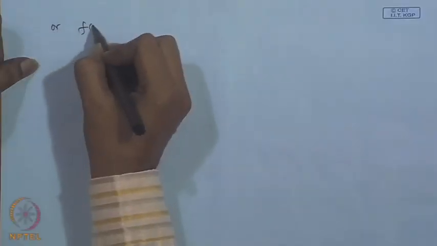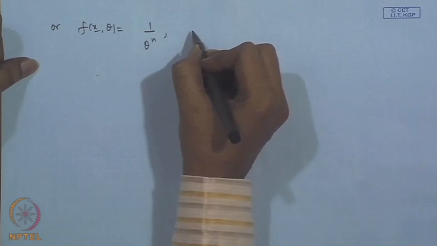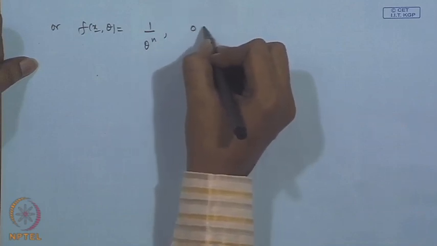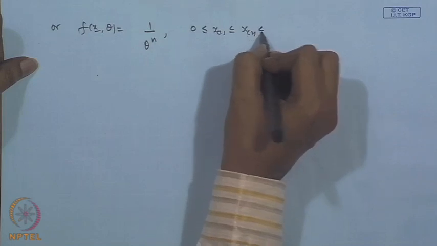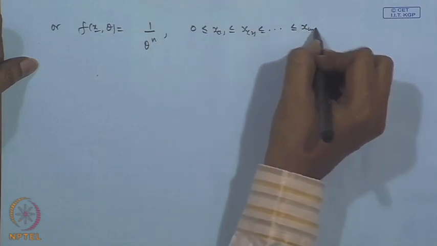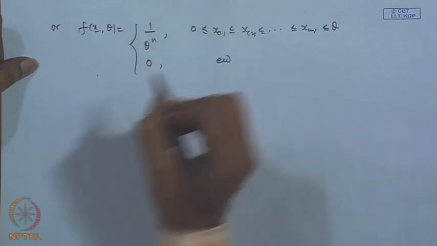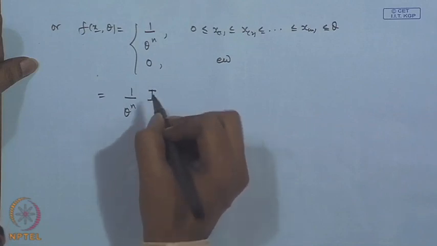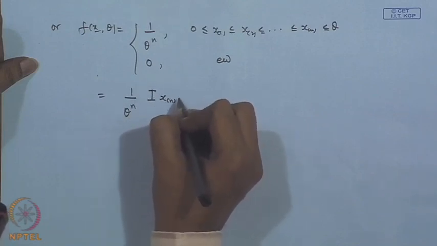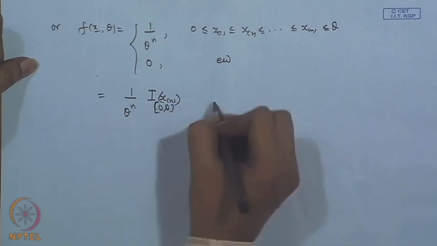We can write this as 1 by theta to the power n, 0 less than or equal to x 1 less than or equal to x 2 less than or equal to x n less than or equal to theta, it is 0 elsewhere, which we further write as 1 by theta to the power n, indicator function of the largest order statistics here.